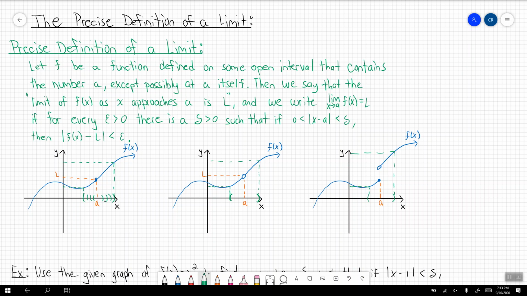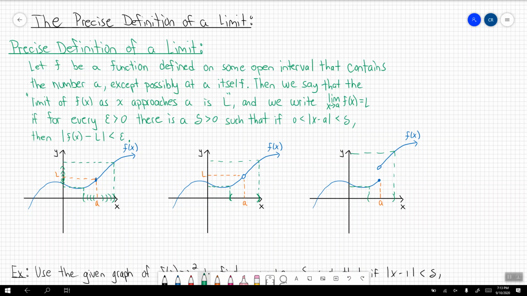And when I do this, I am getting closer and closer to the value of a as I'm approaching a from both sides, because I am shrinking that interval. What that implies then is that as we do this, all of the outputs for the function will also start making smaller and smaller intervals around this converging limit, which we call L.